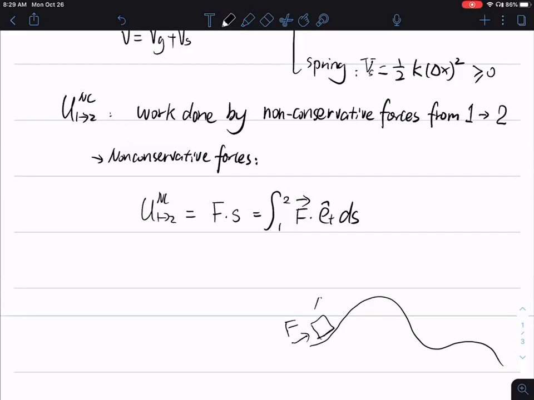Let's call that particle A. This particle A is going to move along this curved surface. When you calculate the work done by that force, it is force times the total length of that curve, S. That's how you get the work done by that force.